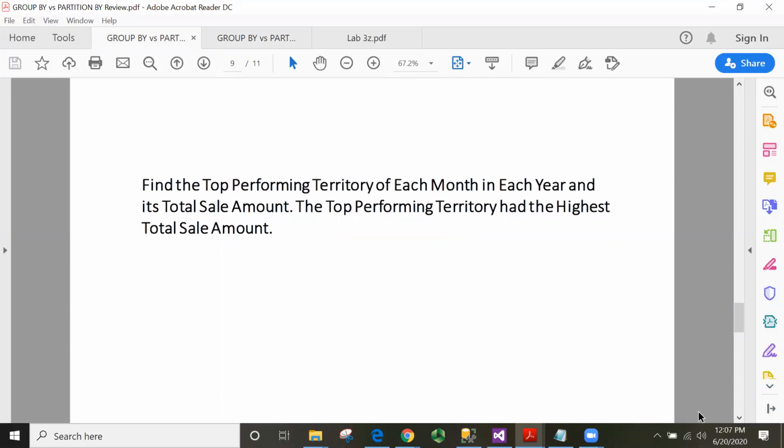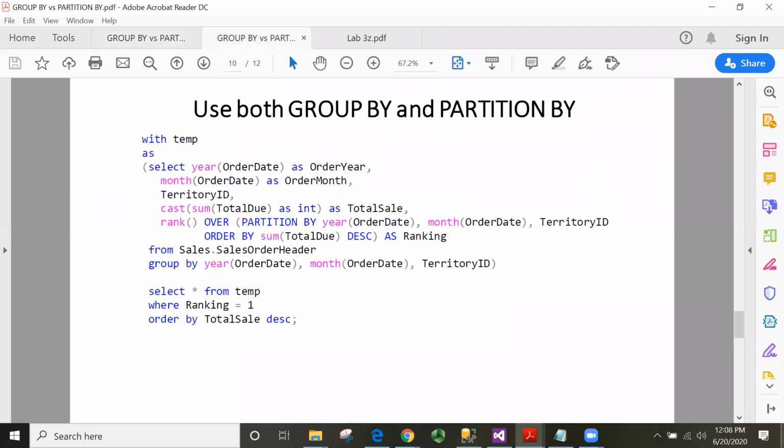Read the question a few more times. And then go back to the solution. Is this a good solution?